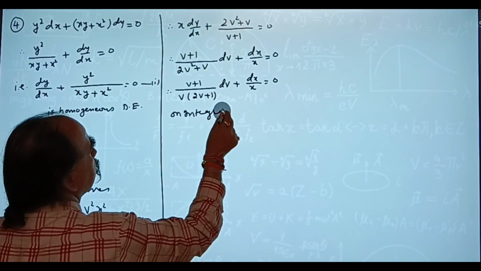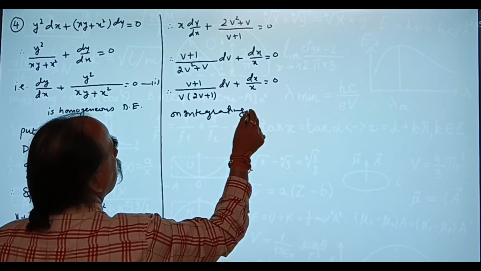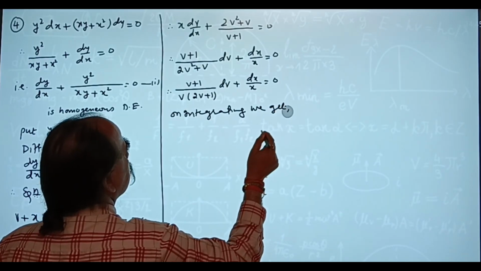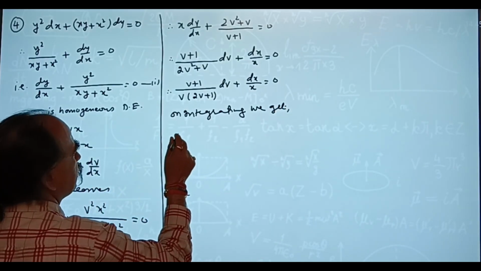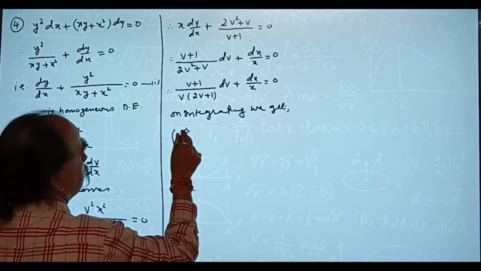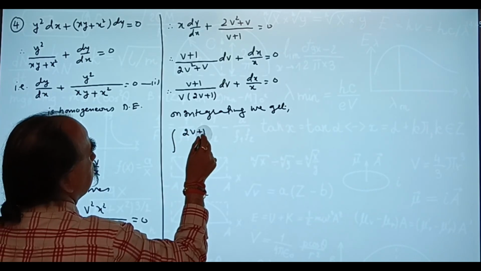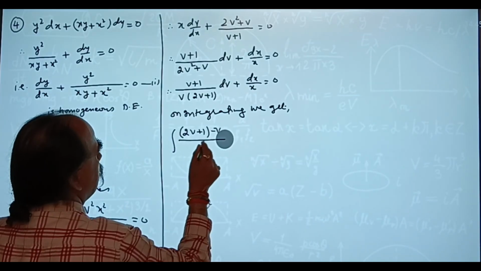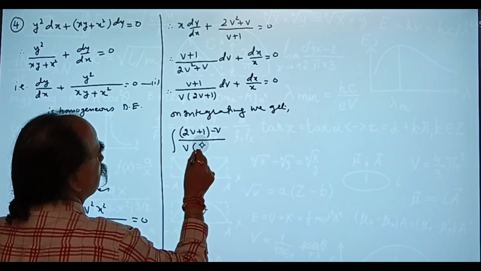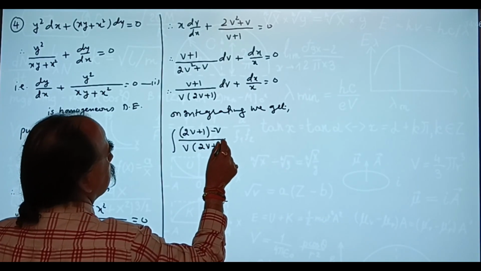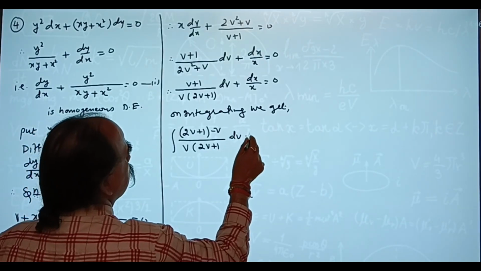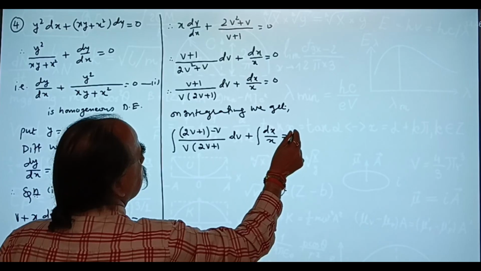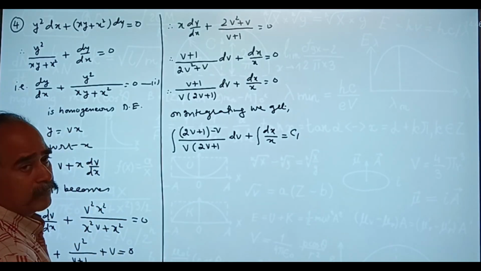On integrating we get, the numerator can be written as 2v plus 1 minus v upon v into 2v plus 1 dv plus integral dx upon x is equal to c1.